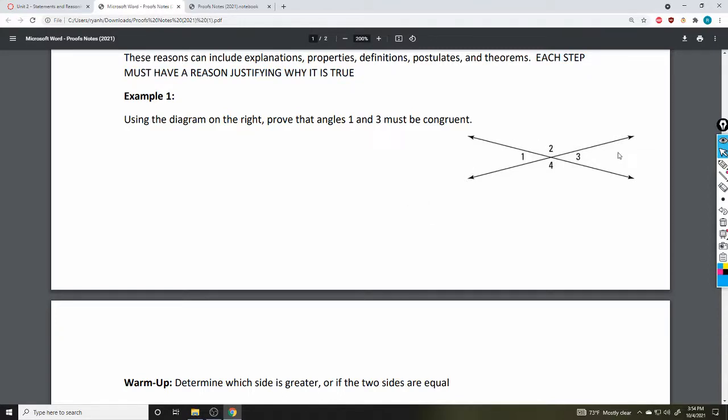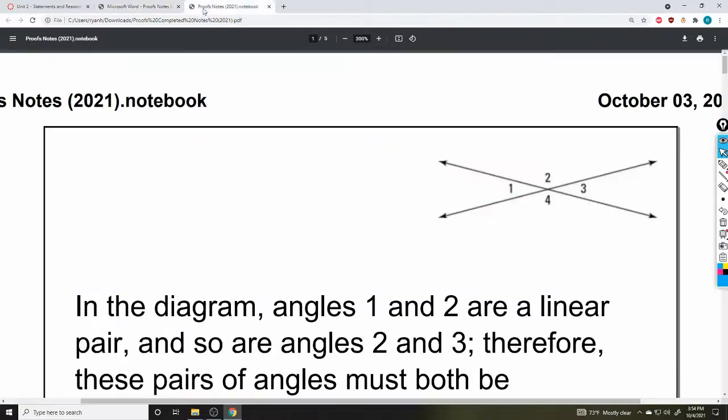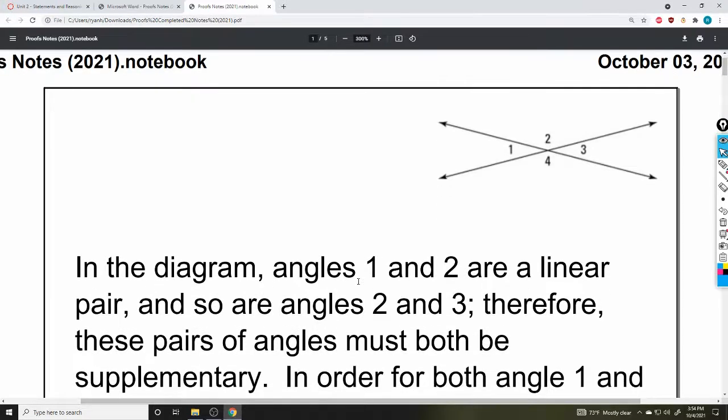So let's look at a couple different ways we can prove this statement. Again, the argument is always going to rely on a linear pair linking 1 and 2 and 2 and 3, which will make 1 and 3 congruent. So, first proof of this. In the diagram, angles 1 and 2 are a linear pair, and so are angles 2 and 3. Therefore, these pairs of angles must both be supplementary.